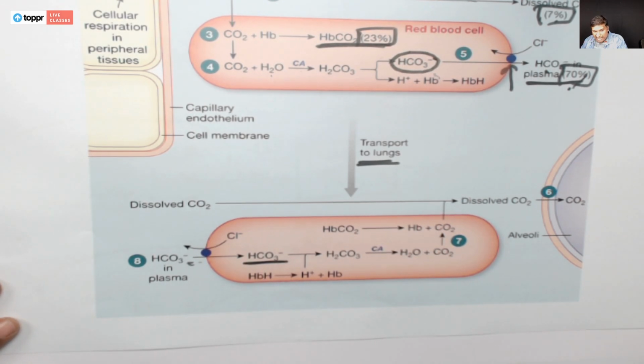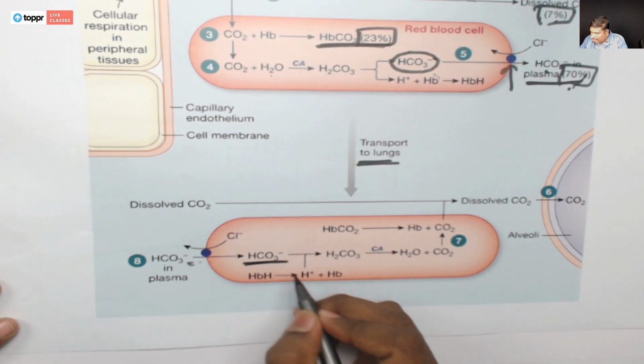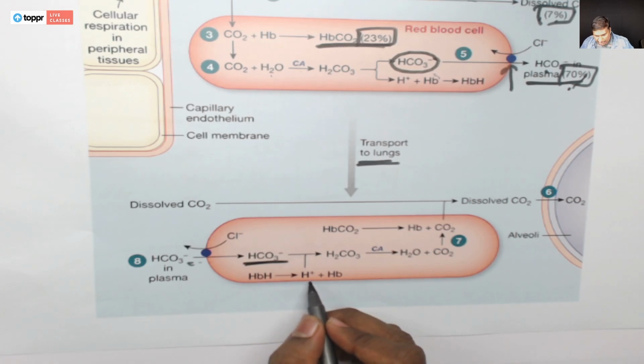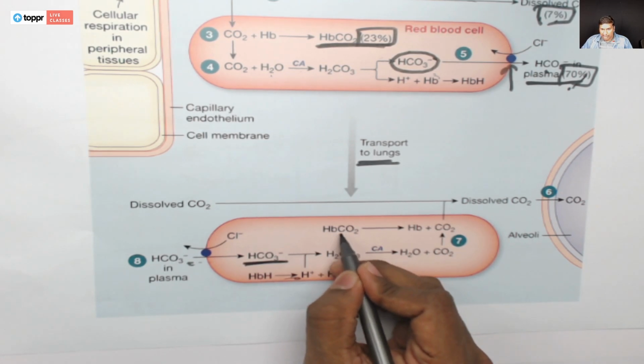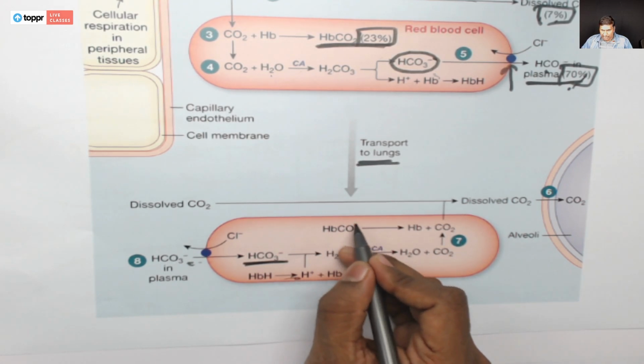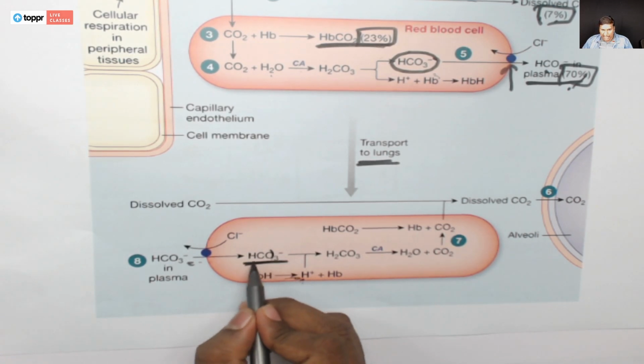Now these bicarbonate ions will combine with the H plus ions, which are being released by the carboxyhemoglobin. So this will simply release the protons and that proton will bind to the bicarbonate ion.